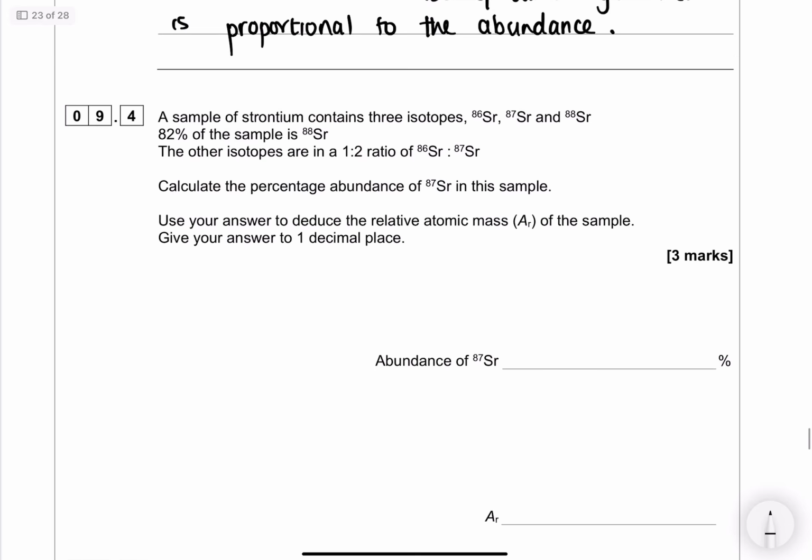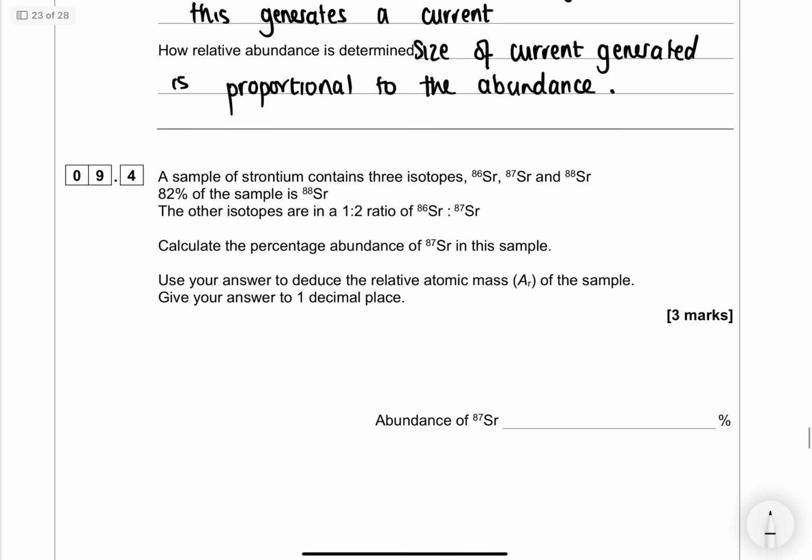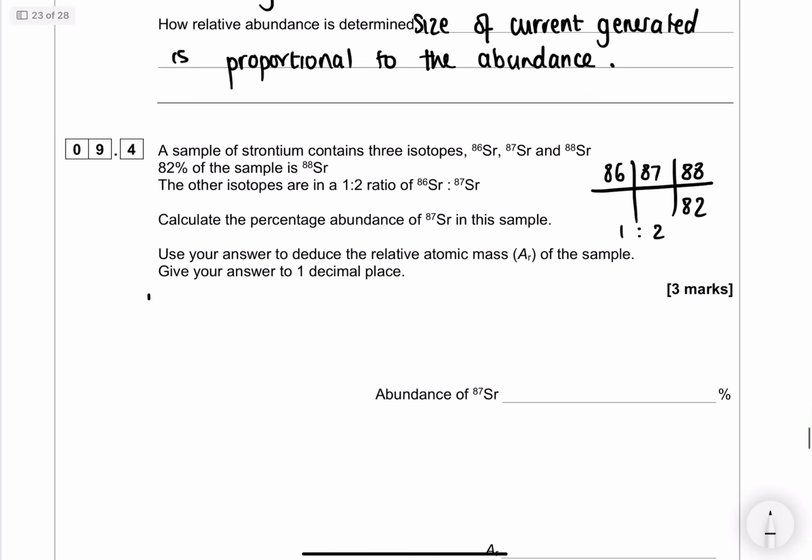A sample of strontium contains 3 isotopes, 86, 87 and 88. So we've got 86, 87 and 88. It's 82% 88 and the others are in a 1:2 ratio. Now we know that percentages have to add up to 100, so 100 minus 82 is 18.